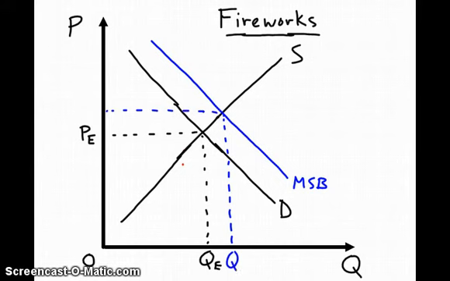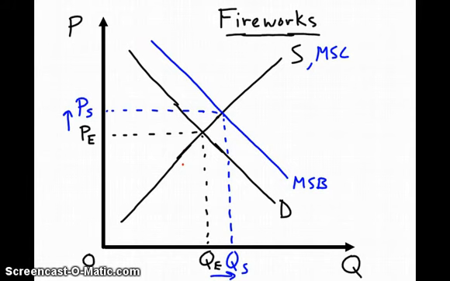And if that's true, then the socially optimal quantity is where supply, or marginal social cost, intersects with marginal social benefit. And as you can see, society wants a larger quantity, and they're willing to pay more for that quantity.